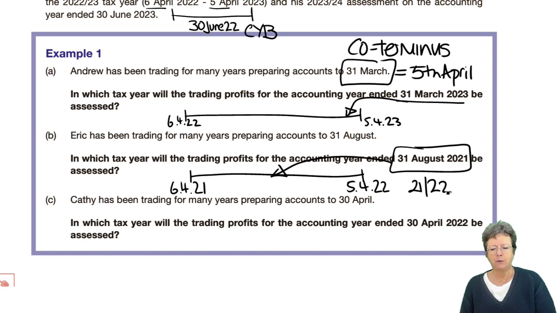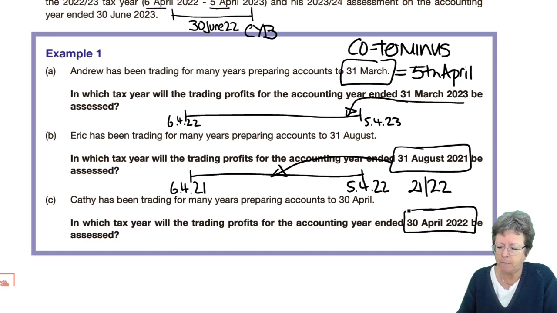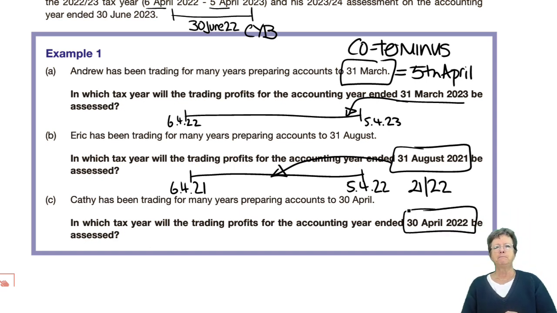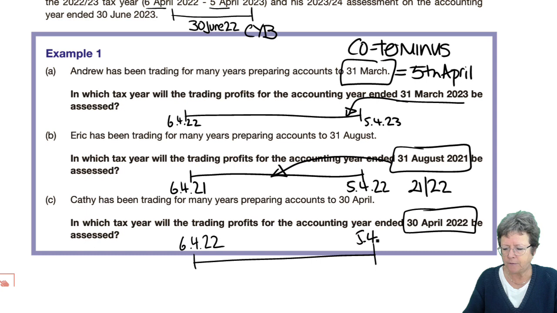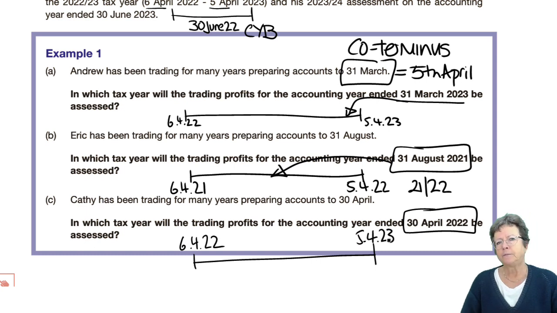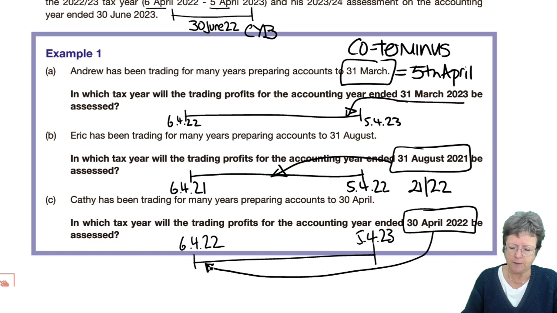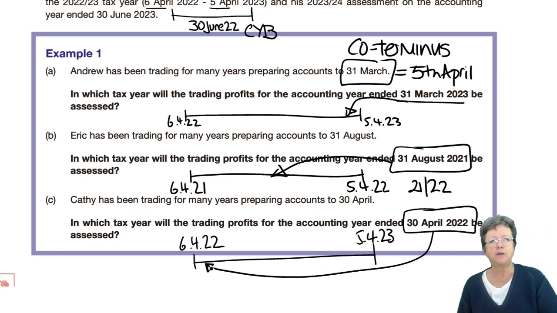Okay. Now, Kathy, her year end is the 30th of April. So 30th of April 22, where's that going to fit in? What do you think? Draw it out. Does it fit between those dates? Well, yes, it does. It fits in just about there. So that fits into the 22/23 tax year.